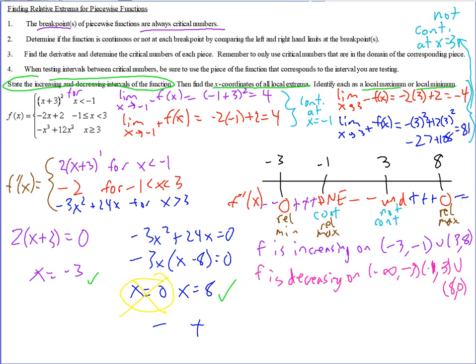So, say, a relative, or so-called same thing, local maximum. Here it only asks for the x coordinates. At x equals -1 and x equals 8.